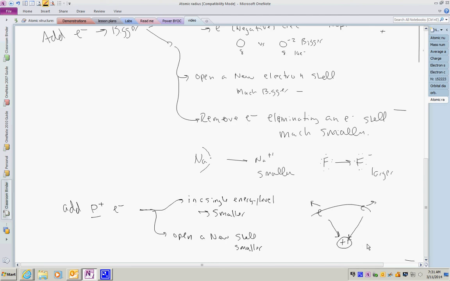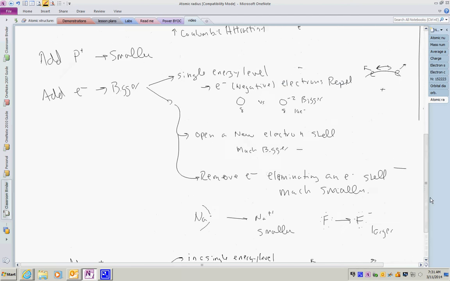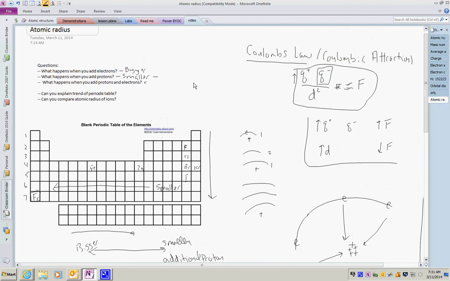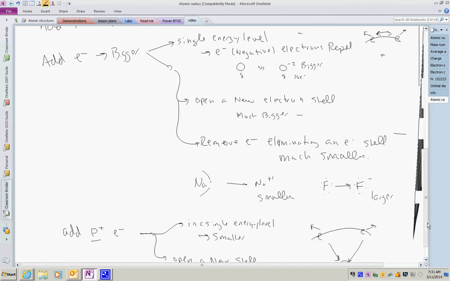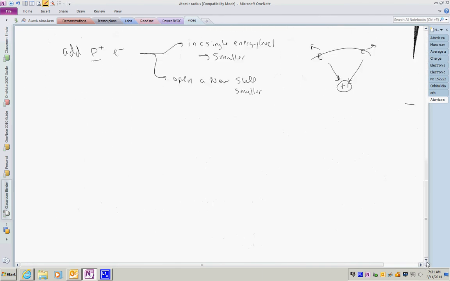The final thing I'll touch on quickly is, can you compare ions? You'll see some questions like this occasionally where they will say, what would happen if you were to have multiple ions, and who's bigger, who's smaller?